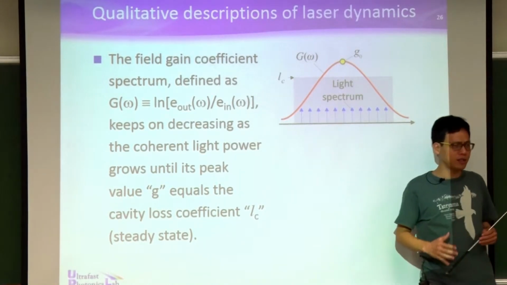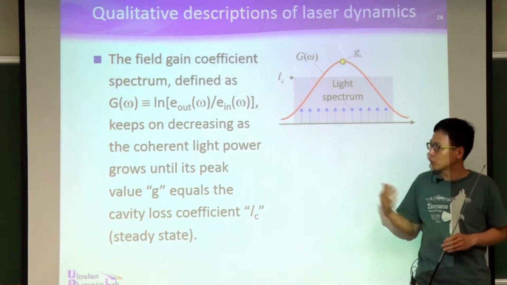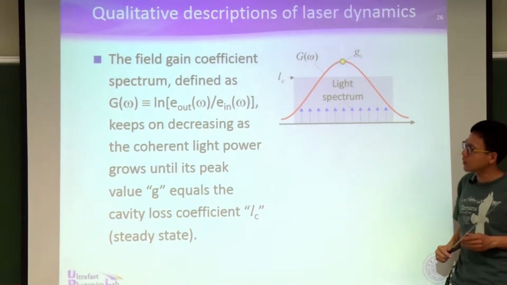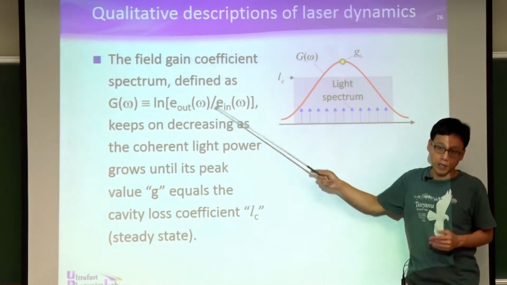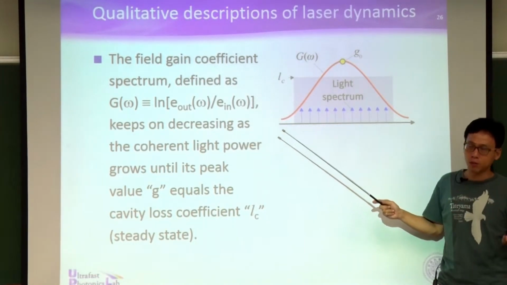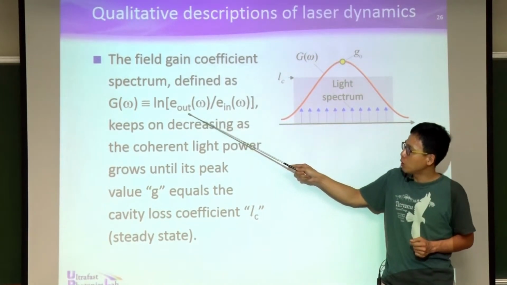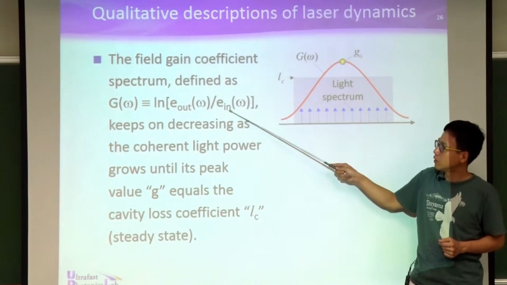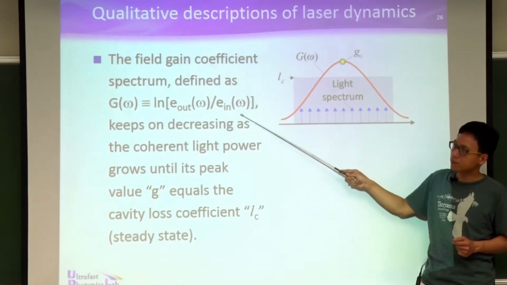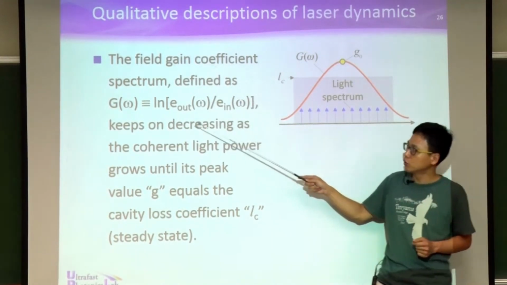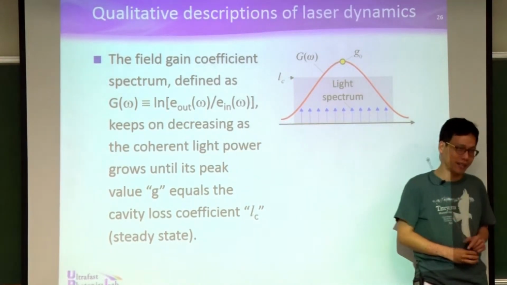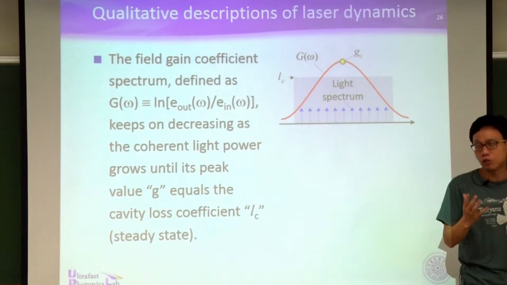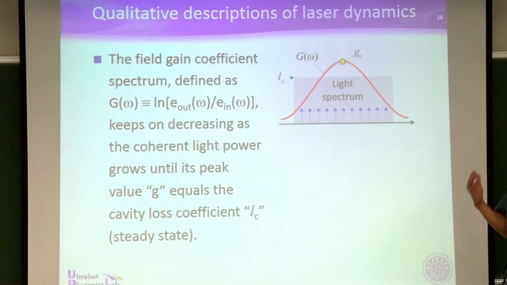If you feel it's weird, don't worry, it simply means the output spectrum, a function of omega, divided by the input spectrum should be equal to exponential of g of omega, okay? So g of omega is the gain coefficient spectrum, a function of frequency.